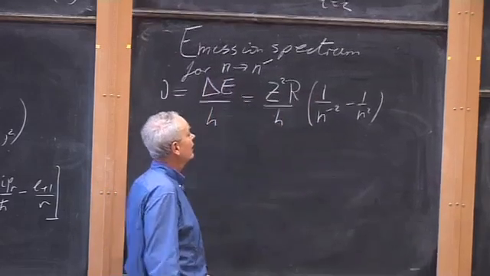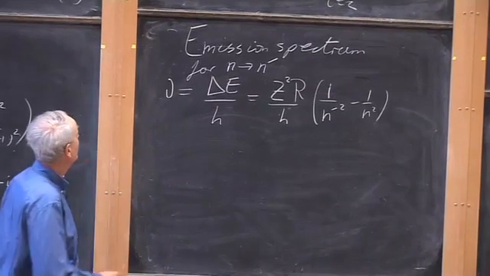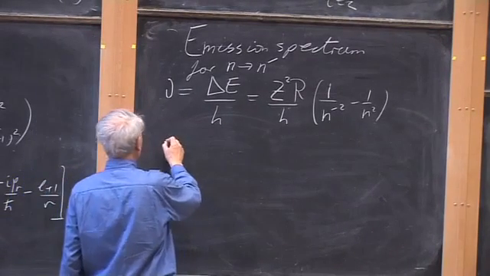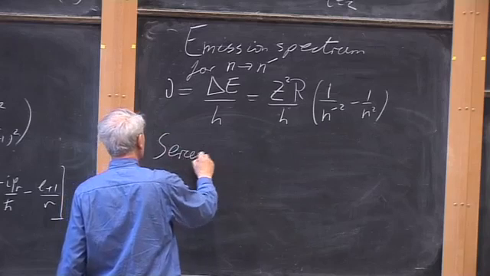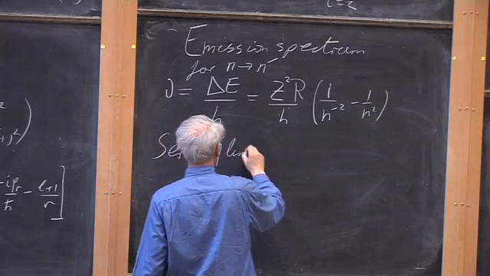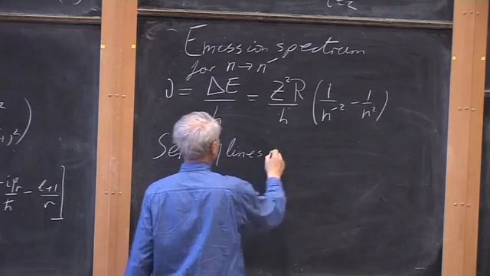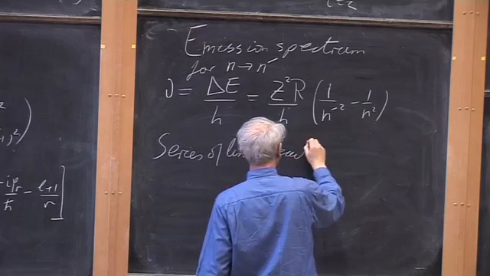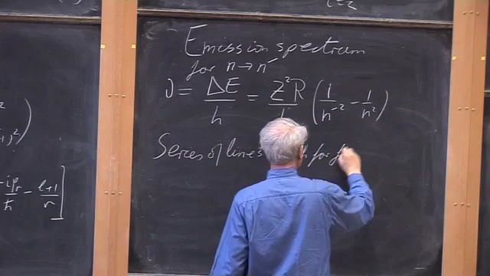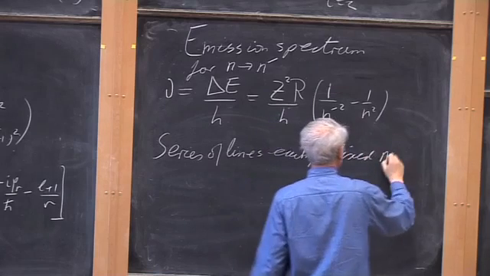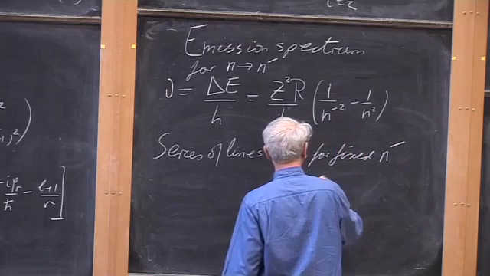So that gives you some frequency. And what we have is a series of lines, each for fixed n prime, i.e. bottom level.